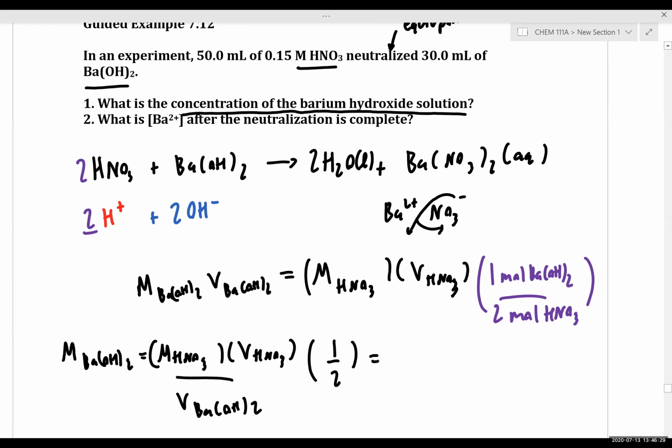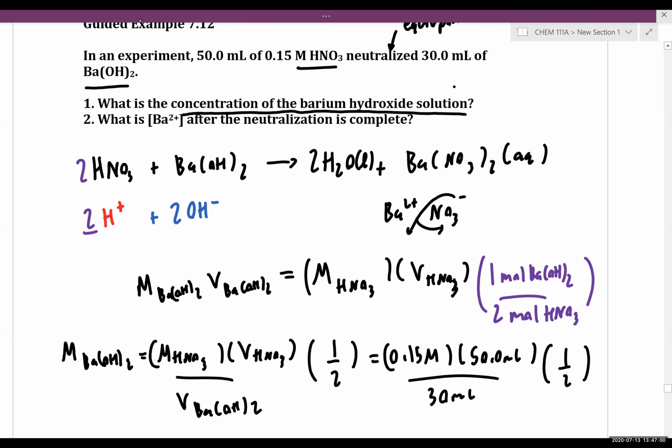Plugging in what we know, the molarity of nitric acid is 0.15 molar. The volume of nitric acid is 50.0 milliliters. And the volume of barium hydroxide is 30 milliliters. And don't forget our stoichiometric coefficient of 1/2.